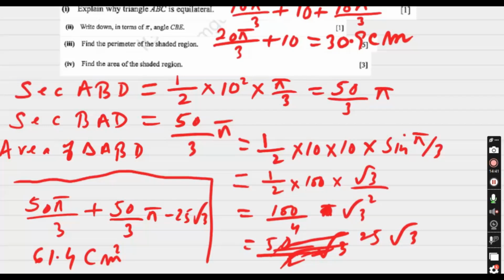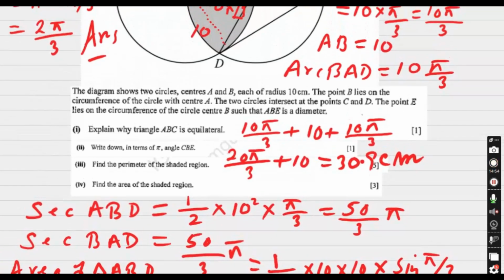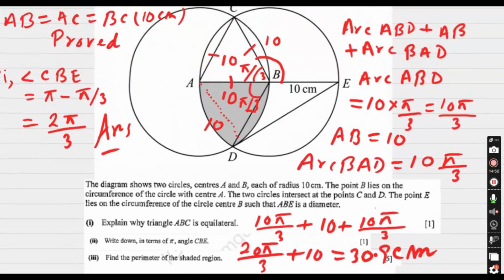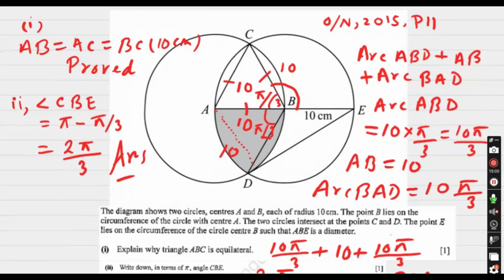Adding them together means we have counted the triangle's area twice. That's why we subtracted the area of the triangle once. So this is our today's class where we did this question which appeared in October-November 2015 paper 1-1.